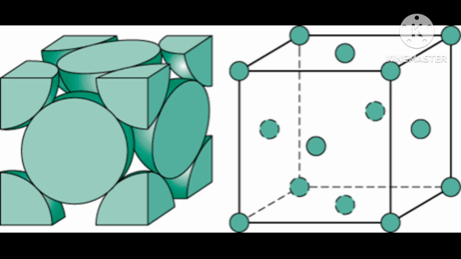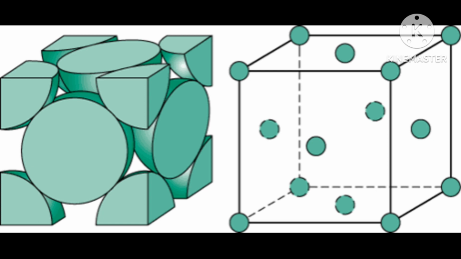Now again come to the important point. Suppose the edge length of a unit cell of a cubic crystal is determined by X-ray diffraction. Generally by this method, very small things you can measure.